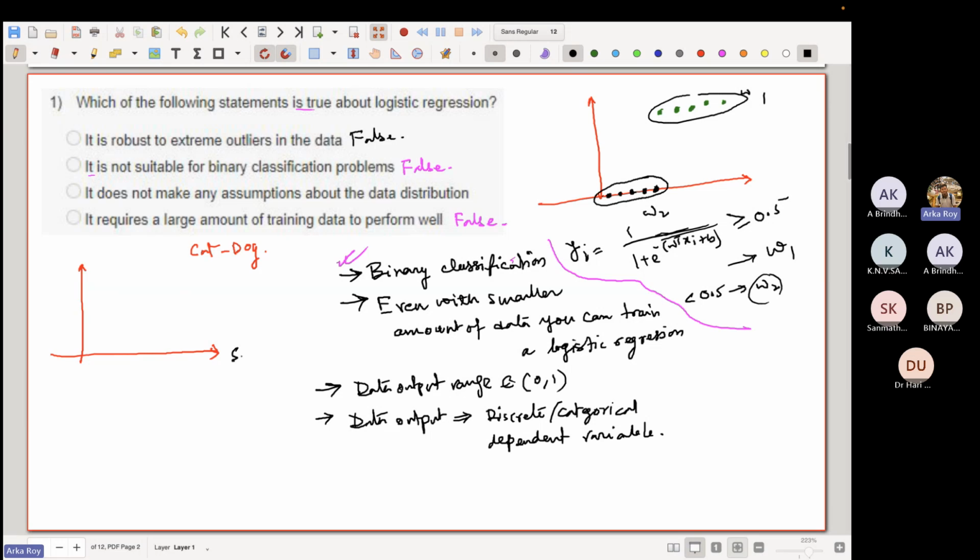This is, let's say, the sample, and this is the weight. Let's say sample number 1, 2, 3, 4, 5, 6, 7.